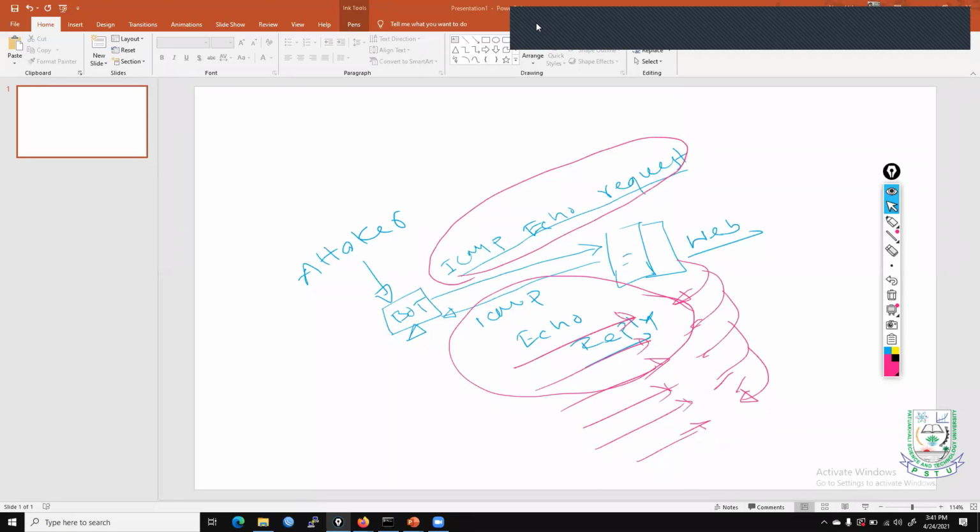So what is happening here? When the server gets echo requests from any bot or attacker, it sends echo replies to those requests, right? So when thousands or millions of ICMP requests come into that server, the normal behavior of the server will be affected.